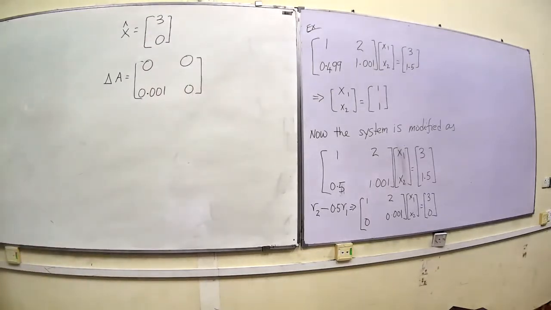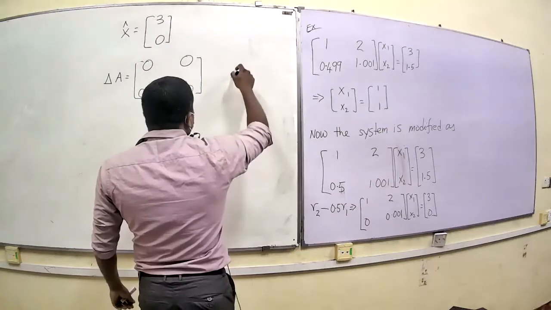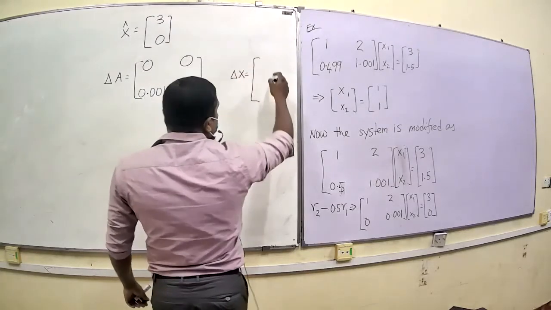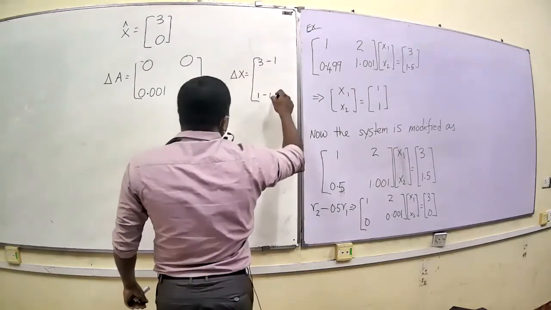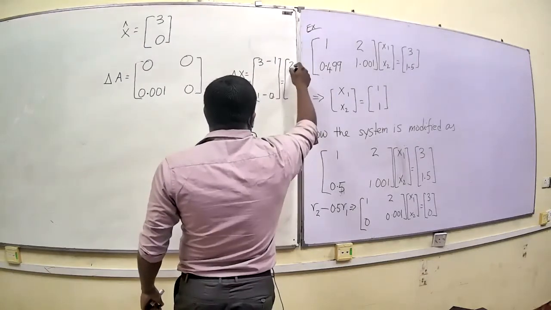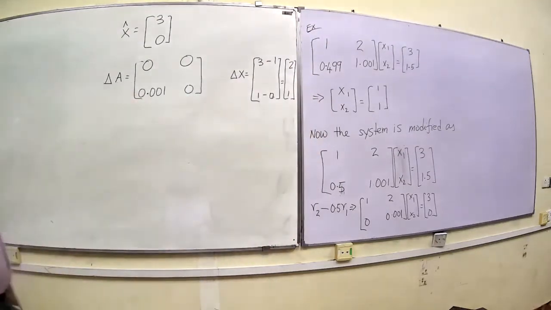This is the error in A, right? But the error in x, delta x, is 3 minus 1, 1 minus 0. So that is 2, 1.